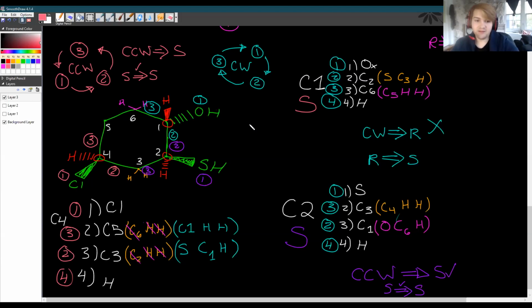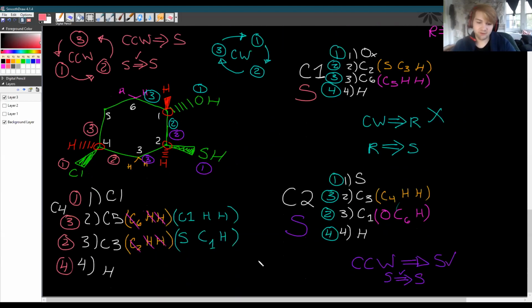What I will tell you is that if we were to go and name this compound, I don't even have any room, the name of this compound would be cyclohexanol, 2-thio, 4-chloro, 2-thiohydroxy, maybe.